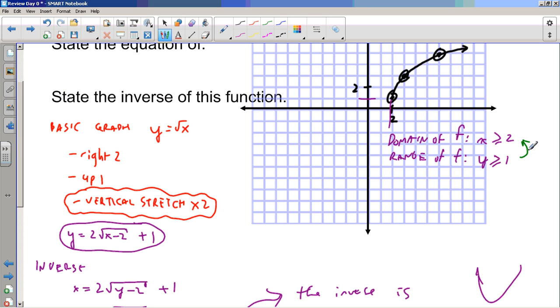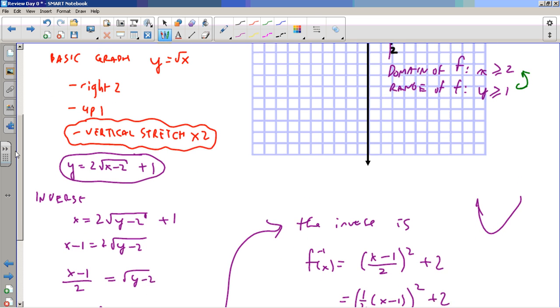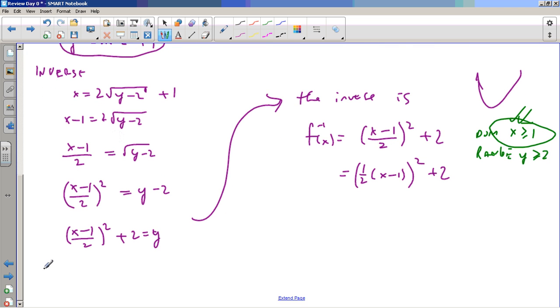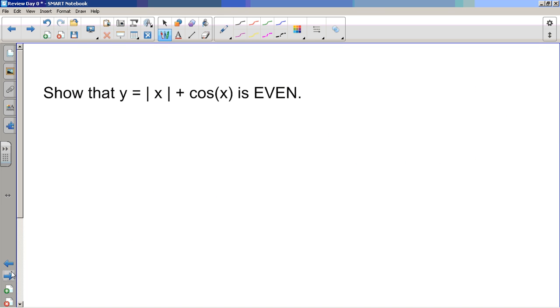So I know that this becomes the domain. x has got to be greater than or equal to 1, and then the range is y is greater than or equal to 2. This is a restriction that's going to cut this parabola in half. And we have to include that, otherwise we goof up the inverse. All right, dandy. A couple of concepts in there, inverses and also transformations.